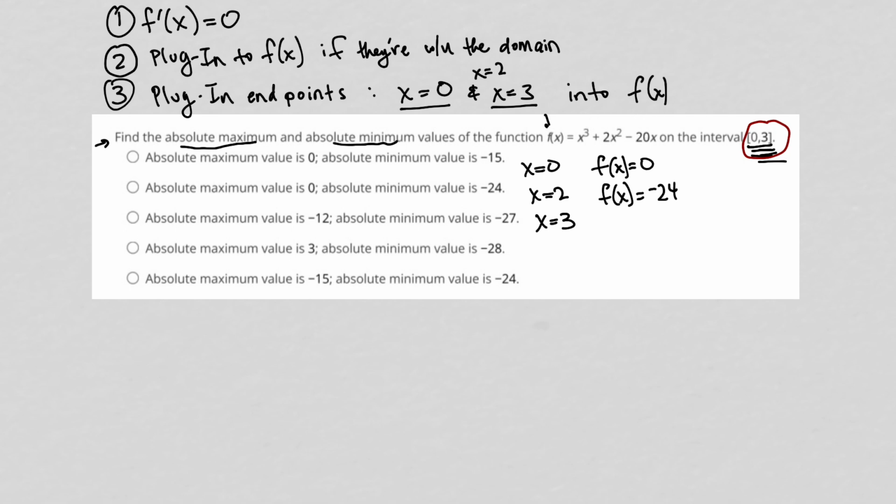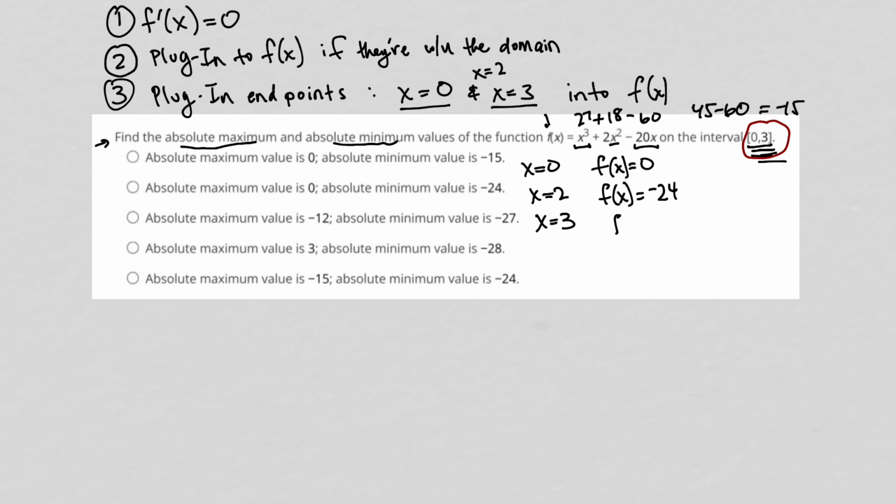At x equals 3, 3 to the third power is 27. 3 squared is 9, times 2 is 18, so I have 27 plus 18. And negative 20 times 3 is negative 60, so I have minus 60. 27 plus 18 is 45, and 45 minus 60 is equal to negative 15.